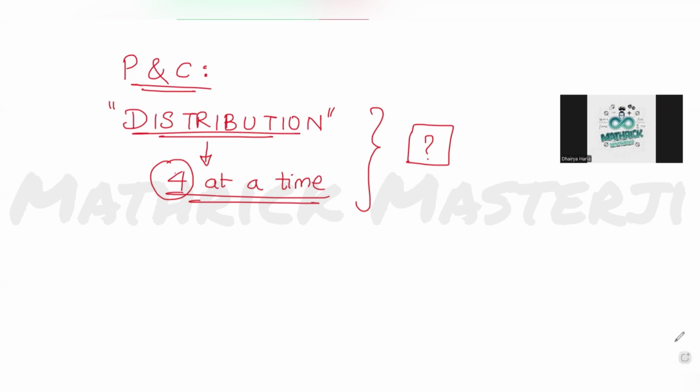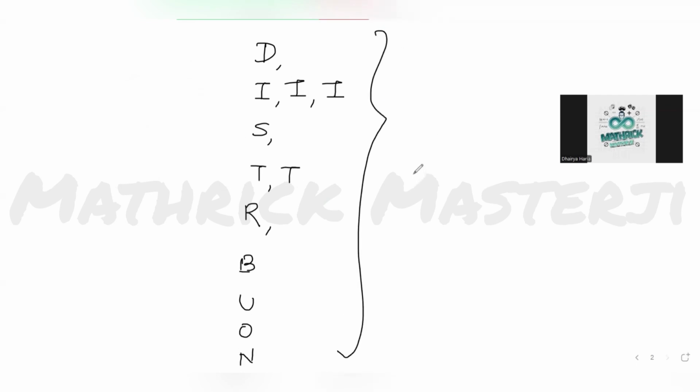First, if I break down the letters of the word DISTRIBUTION, I have D, I, S, T, R, I again, B, U, T again, I again, O, and N. So I is repeating 3 times, T is repeating 2 times, and all other letters are repeating just once.